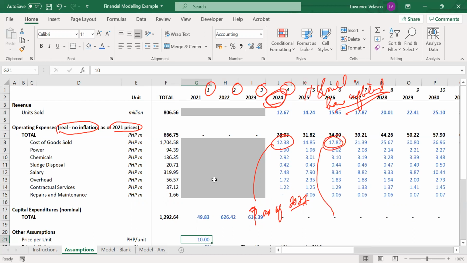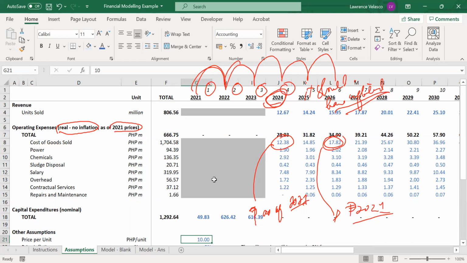Let's look at this number. This number is the amount that will be spent for cost of goods sold. However, it uses 2021 prices. So for it to be attuned to whatever is the actual prices in 2026, it needs to be inflated by 1, 2, 3, 4, 5, 6 years. Right? So para kinukuha natin yung future value ng mga ito.